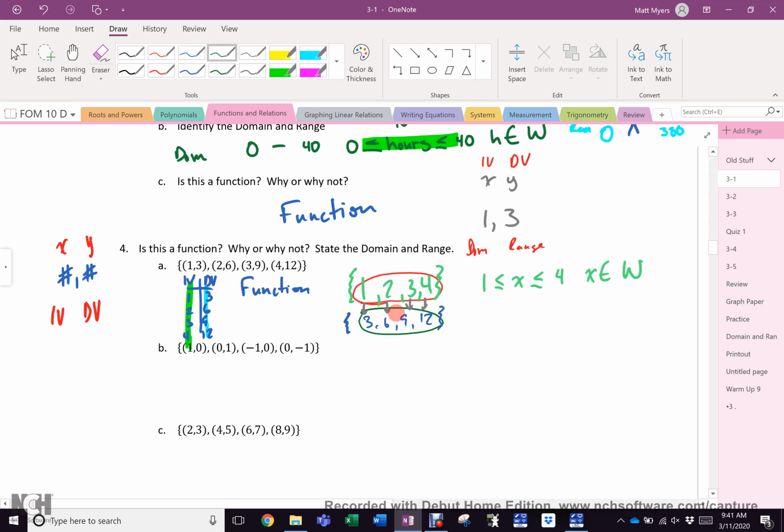We always write them least to greatest. Now, you will notice that 1, 2, 3, 4, my domain values are already listed least to greatest, yes? And the ordered pair, the XY, is also listed least to greatest, yes? So when I list them as a domain and as a range, they line up.